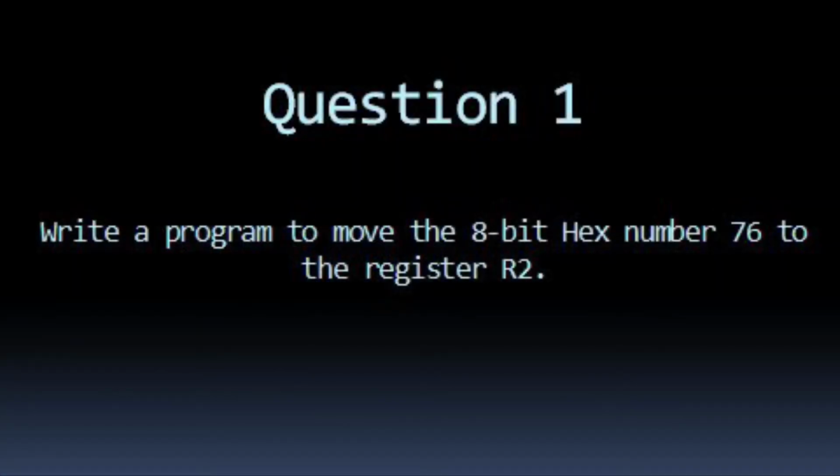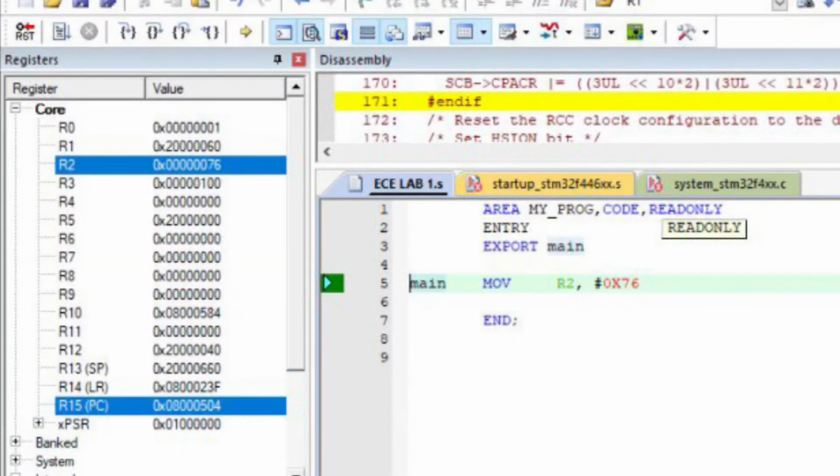For question 1, write a program to move the 8-bit hex number 76 to the register R2. For question 1, I use MOV because it is a small value. So I write like this: MOV R2, #0x76.